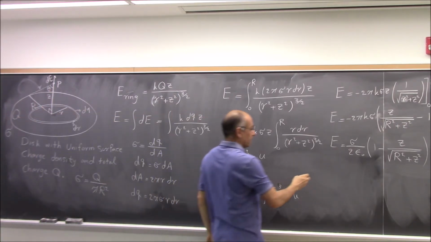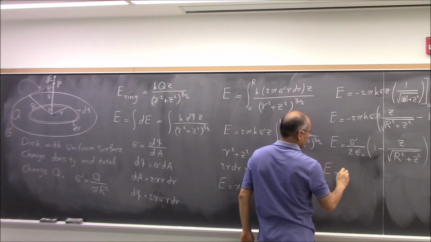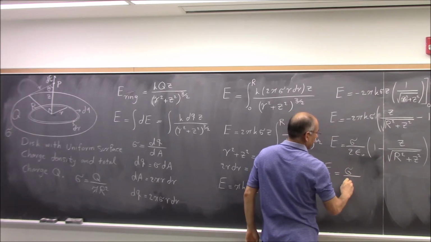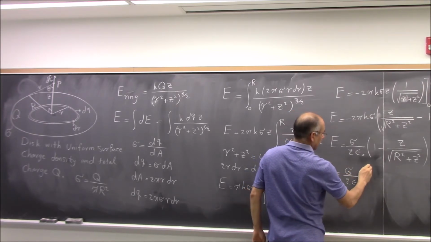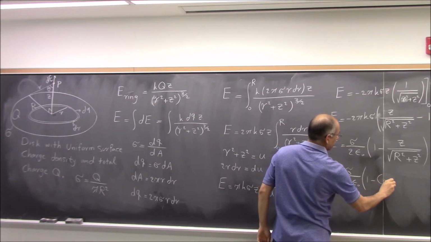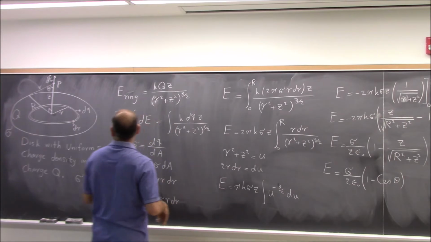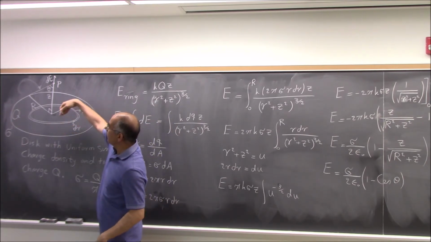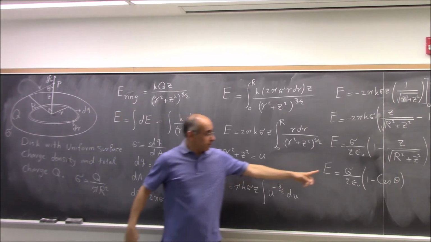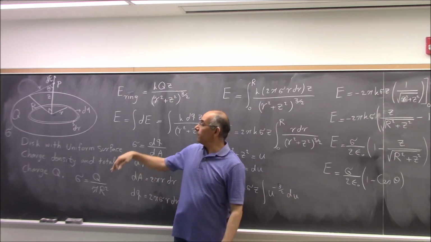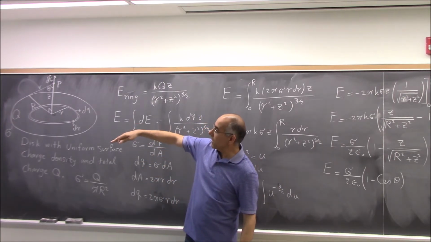So E equals sigma over 2 epsilon naught times 1 minus cosine of this theta. Means you can put sigma over 2 epsilon naught times 1 minus the cosine of this angle.